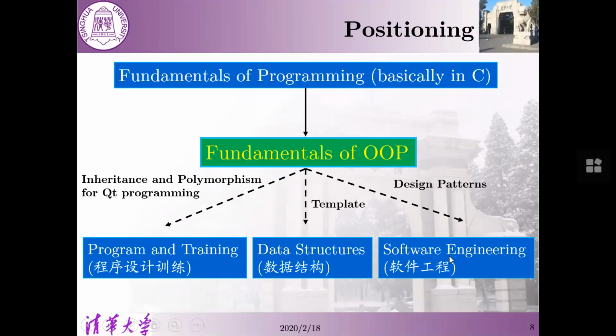And then after that, there is also another class named software engineering. This is a third-year class, I think, for third-year students. Then in that class, they need some design patterns. We also learn this in this class.